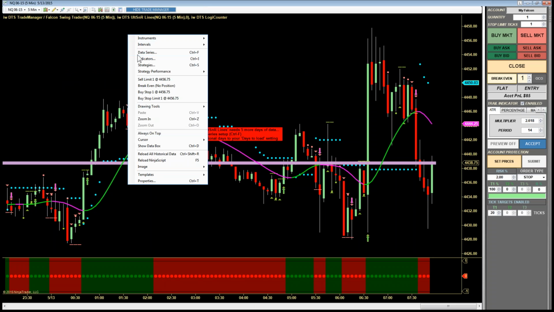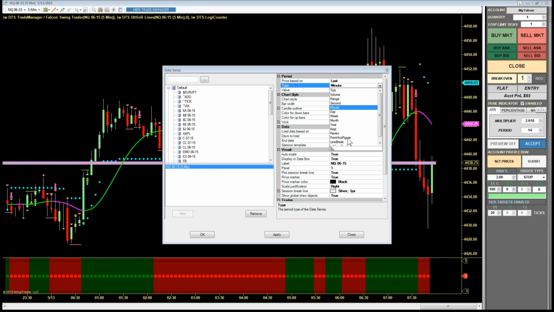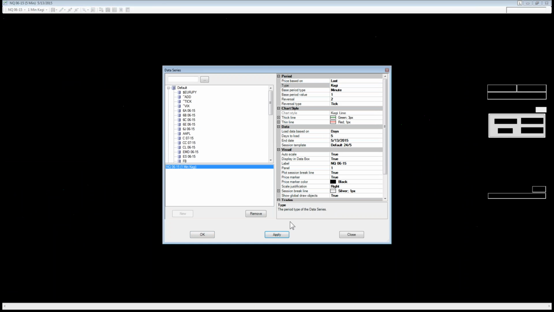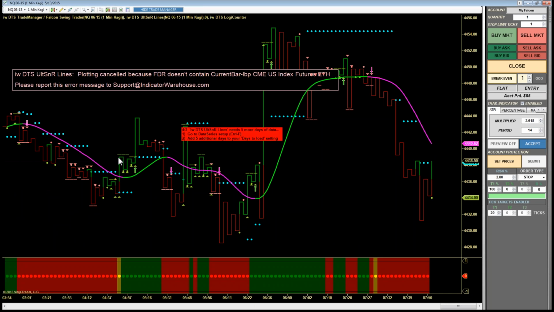About the only chart style you cannot use is a point and figure chart. But let's say you're into something real funky like these Kagi charts. You can see we're still printing buy signals, still printing sell signals.